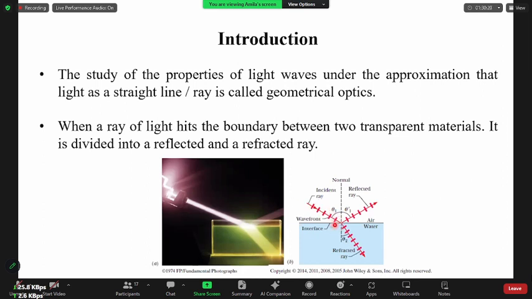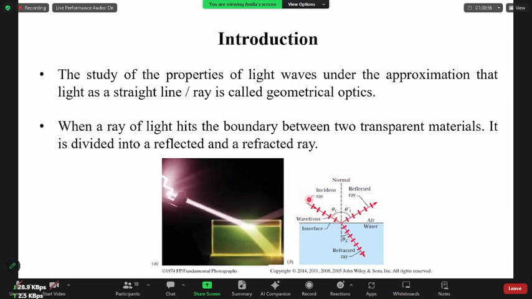We call it the incident ray, and part of that is reflected, and the rest of the light is refracted. These angles, theta 1, theta 2, theta 1 dash, have specific names, as do these rays.